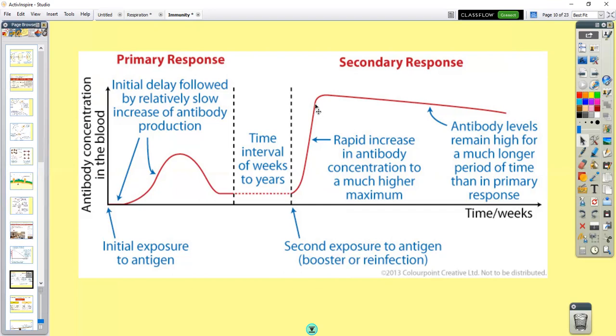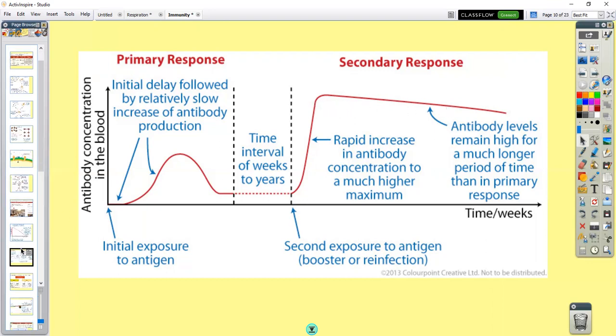So those memory cells will produce copies of themselves and plasma cells, which can produce antibodies very, very quickly, which kills off that infection maybe before you even know you've had it. Okay, and the level of antibodies in the blood stays reasonably high.